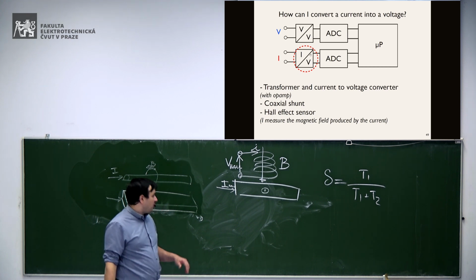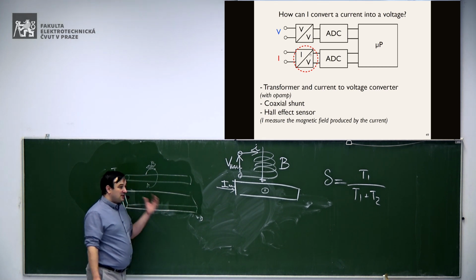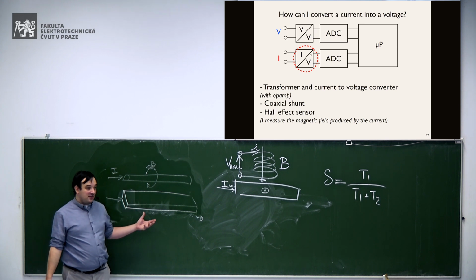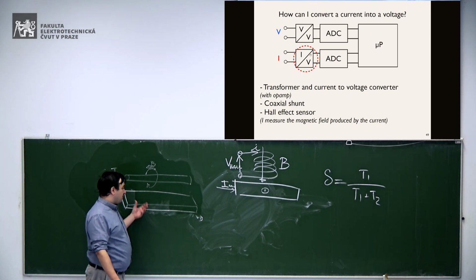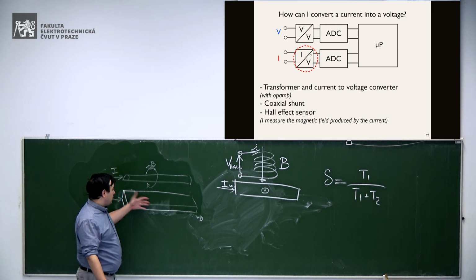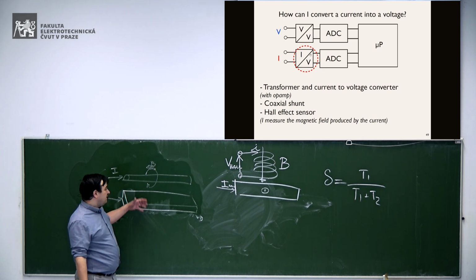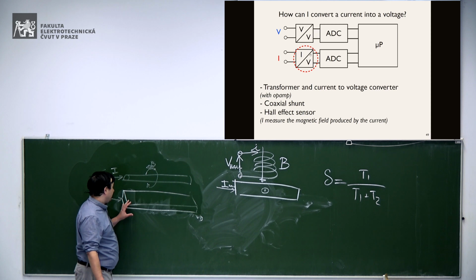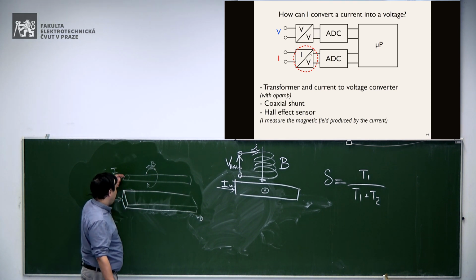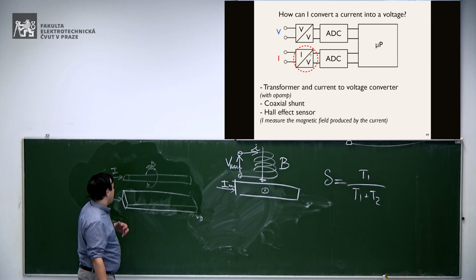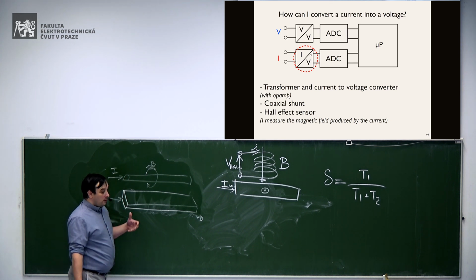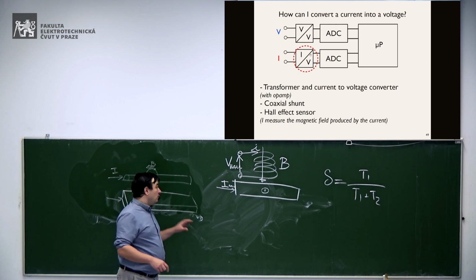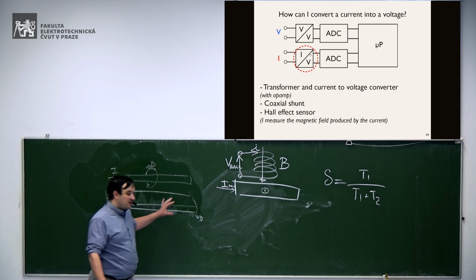I've already mentioned probably that this problem is not as simple as it looks, because as the frequency changes, there is a different distribution of the current, especially in this kind of geometry, where you don't have the symmetry given by the cylindrical shape. Therefore, you have to be very careful where you put your sensors.